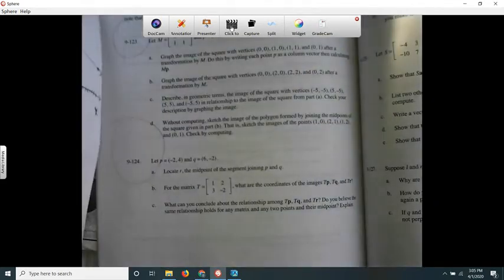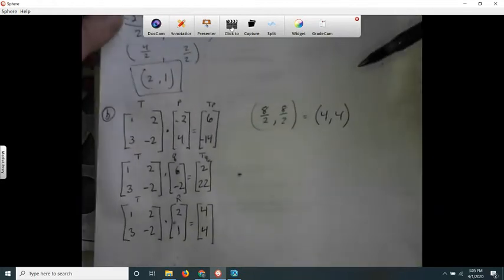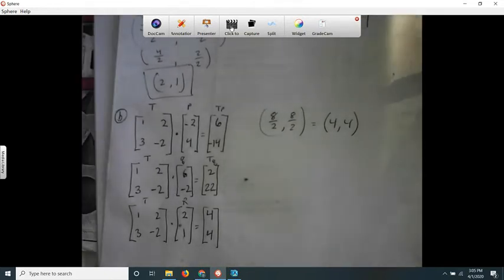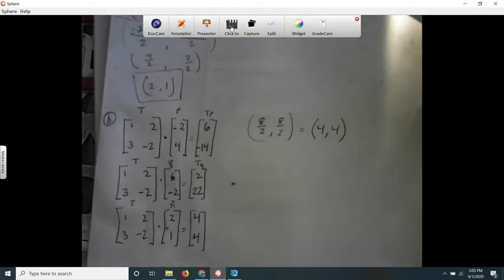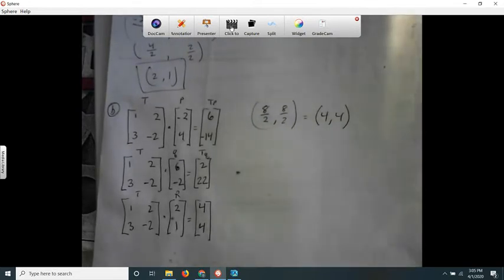So, C on the back. Where is C? What we're supposed to say is that these things are collinear.